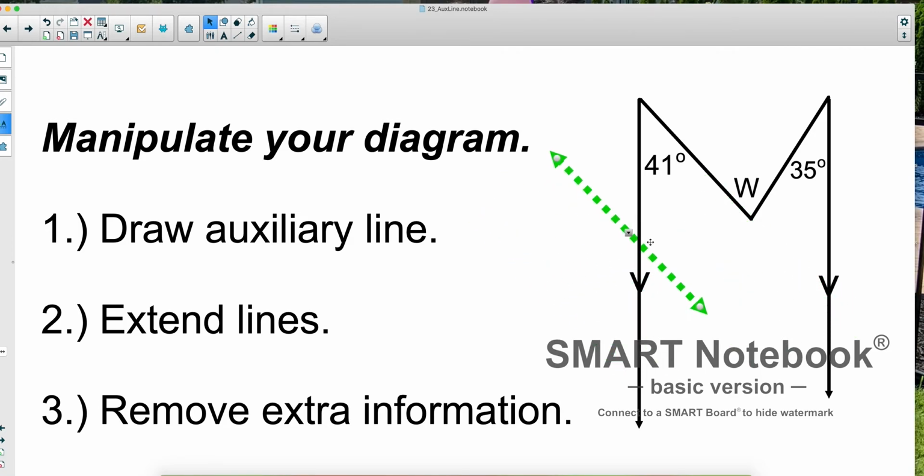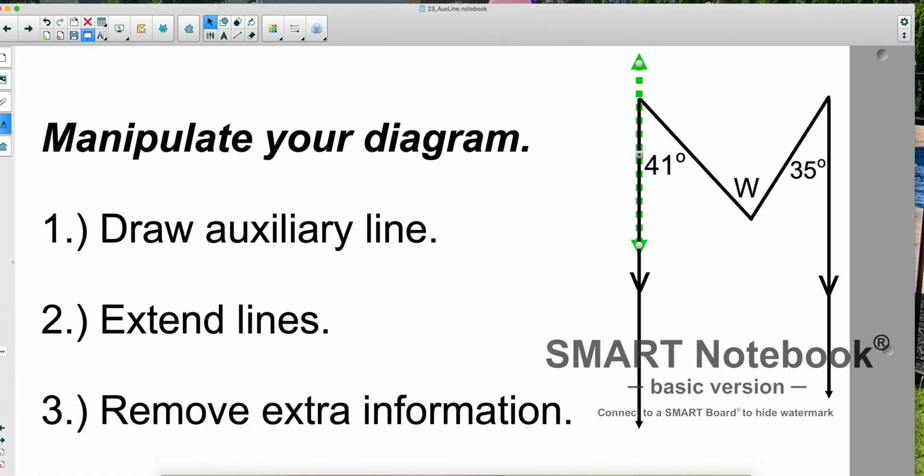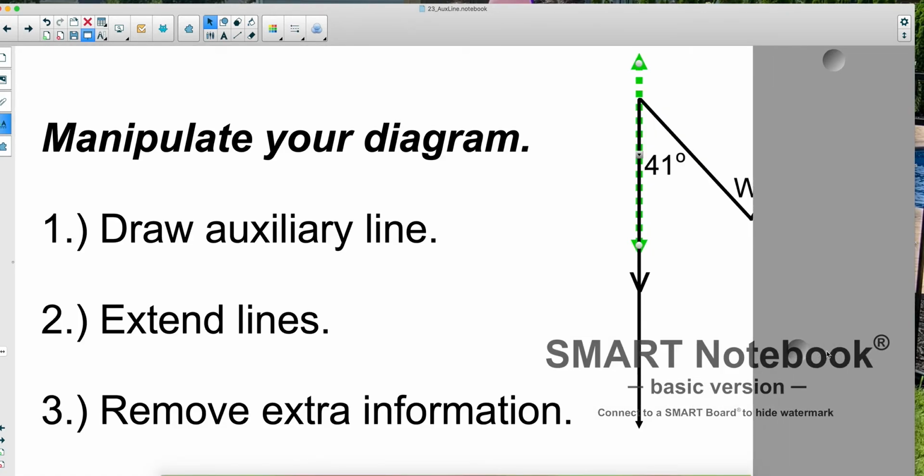Sometimes it's helpful to extend even the parallel lines so you can see a little bit more clearly. That's what the extend lines mean. And then also removing extra information. If you're looking at this and you're like, oh, this is too much, maybe you cover up a piece like this and ask yourself, what do you see? So on and so forth.